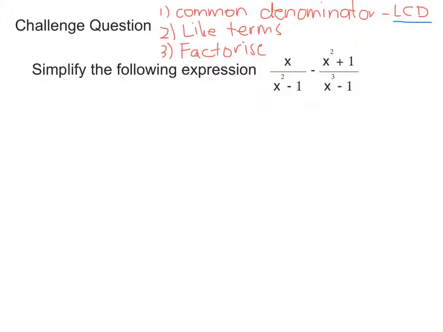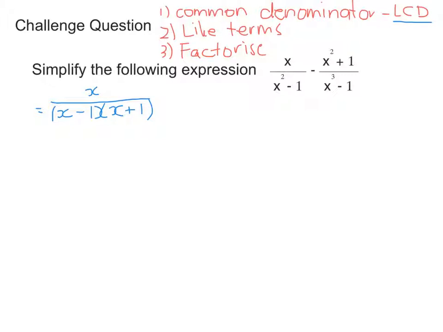So starting on the left-hand side of our expression, the numerator of the first fraction has a singular x term that can't be factorised. But the denominator is the difference of two squares, and so we know that that is going to factorise into x minus 1, x plus 1.